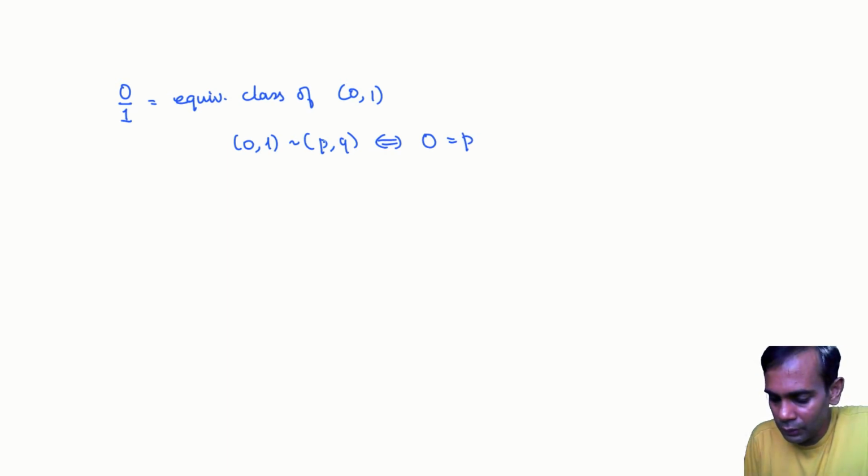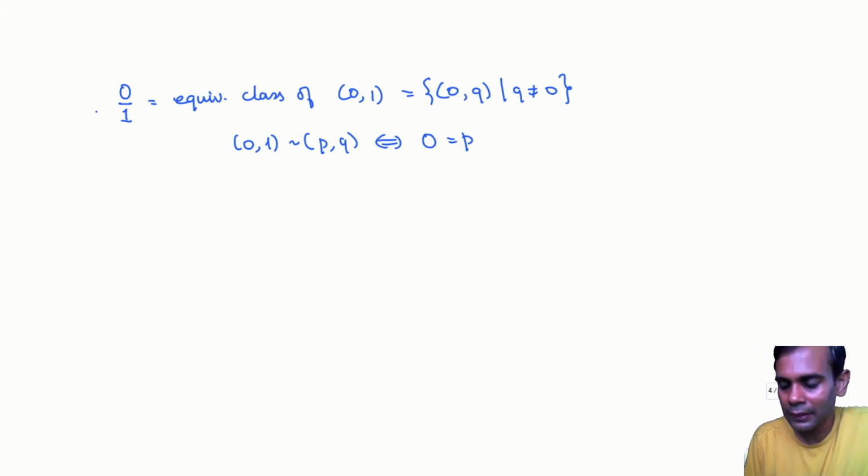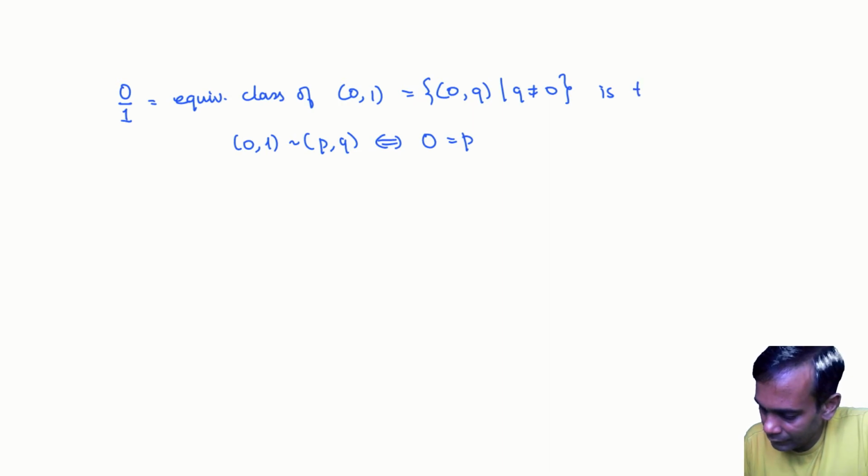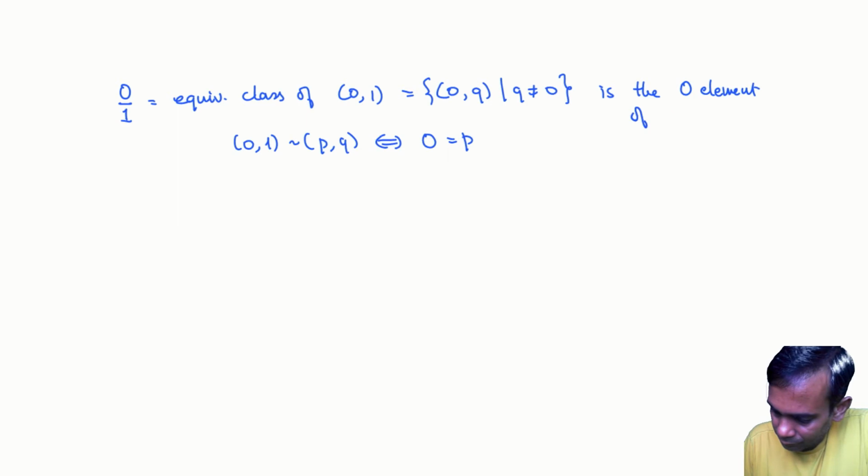So this consists of all elements of the form (0, Q), Q not equal to 0. This is the equivalence class of (0, 1), and this is denoted by 0 divided by 1. So this is the additive identity, the zero element of F.